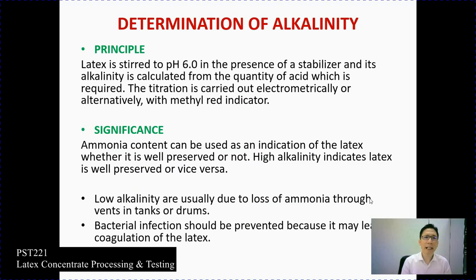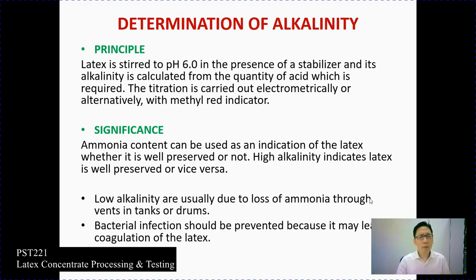The principle of alkalinity: latex is stirred to pH 6 in the presence of stabilizer, and its alkalinity is calculated from the quantity of acid which is required. The titration is carried out electrometrically or alternatively with a meter indicator.